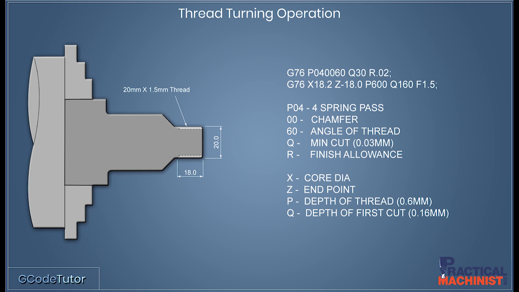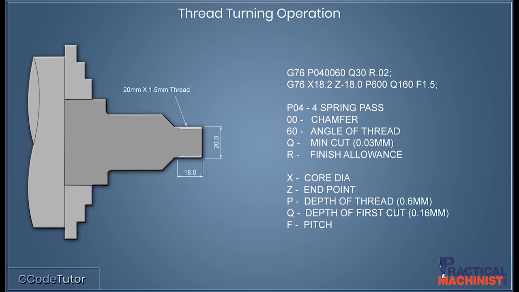So I've decided our first depth of cut should be 0.16 millimeters and our final depth of cut should be 0.03 millimeters. So a Q value of 160, that's 160 microns, that gives us a depth of our first cut at 0.16 millimeters. And then the machine will calculate and reduce this right the way down to 0.03 millimeters for its final cut. And finally, we define the pitch of our thread.